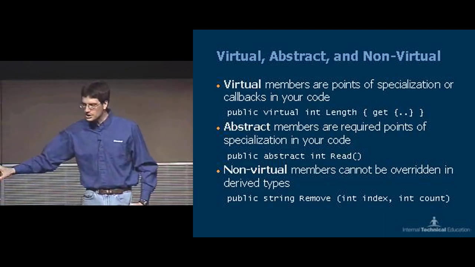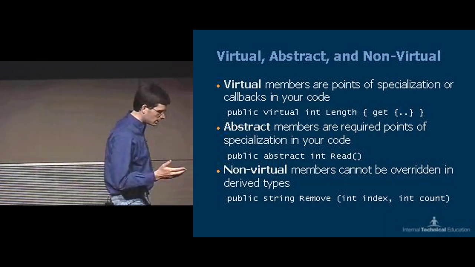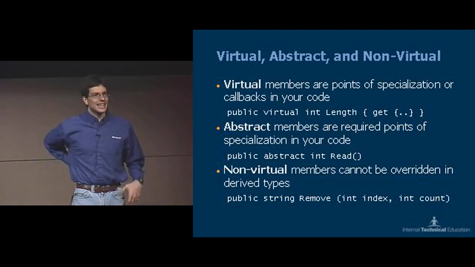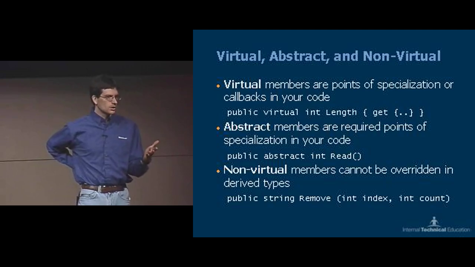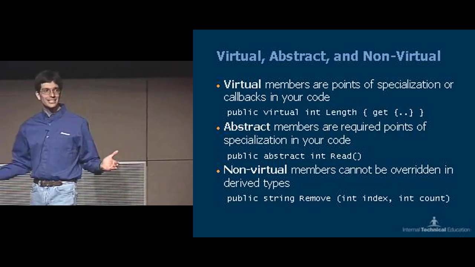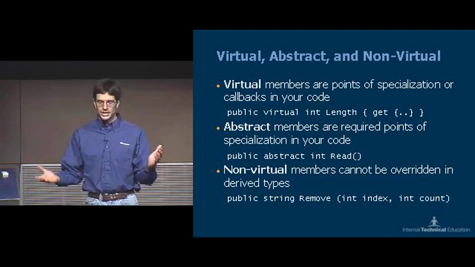And it's interesting to note that non-virtual is the default in C# and in the CLR. That's because we feel like that should be your default when you're designing frameworks. Again, if we had infinite time, I would have the platform be fully extensible.